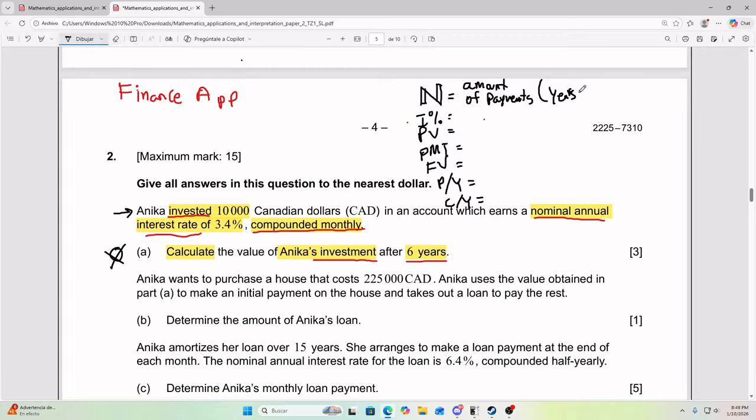I would think about it as years times P/Y. But have the intuition that it's your amount of payments. I% will always just be like your interest rate percent. So that one is usually pretty obvious. PV is going to be your initial value. Formally, you call it present value. PMT, I need you to have the intuition that it's just like a sort of extra monthly payment. All right.